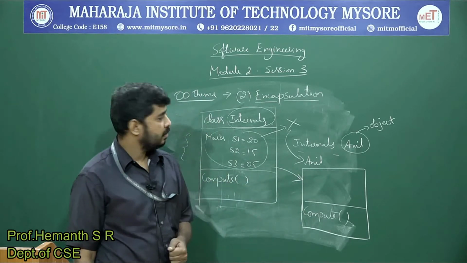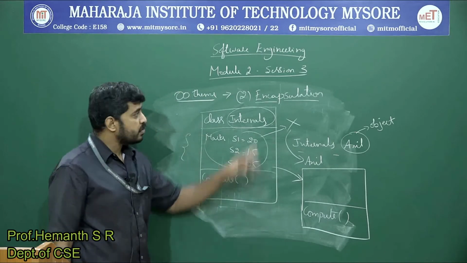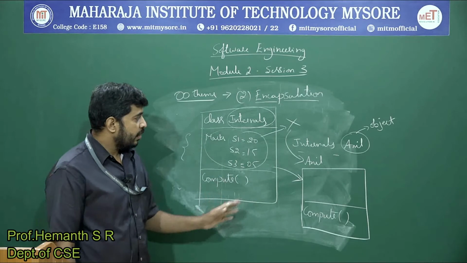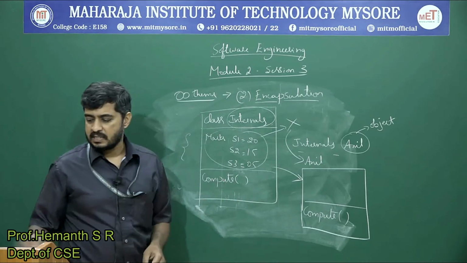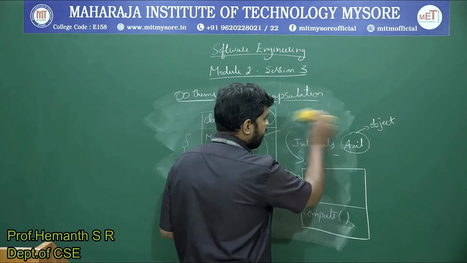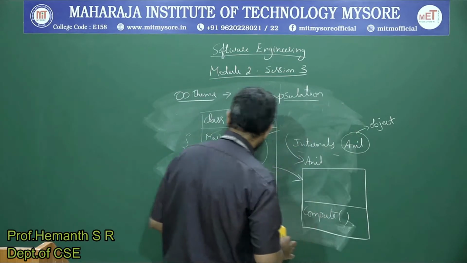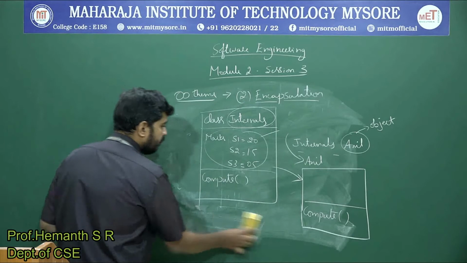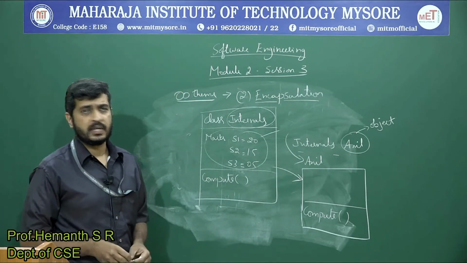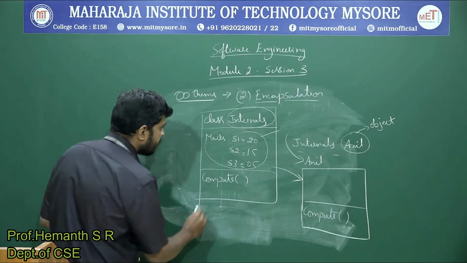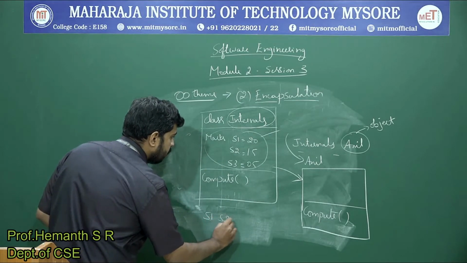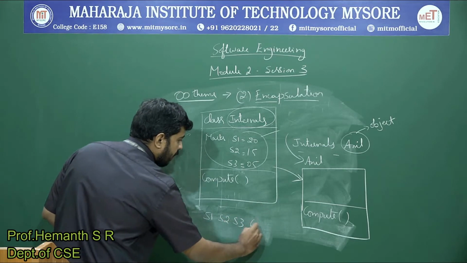Is it possible? Now the encapsulation mechanism comes to our aid here. We can do this through encapsulation. What is the reason? Encapsulation provides us with a feature wherein the data and function are bound together. For example, in this case, S1, S2, S3 and compute.